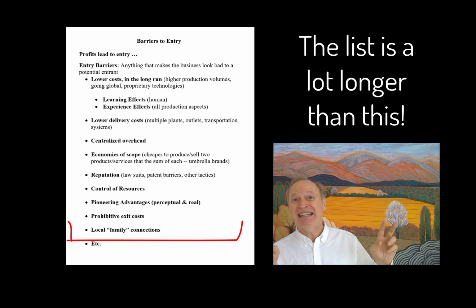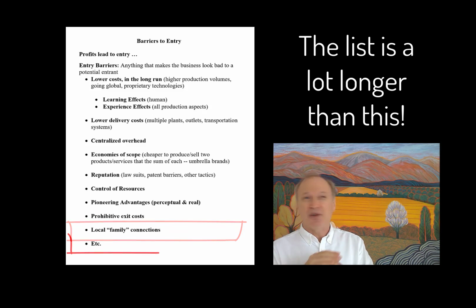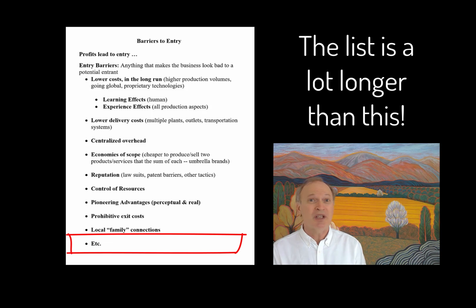Having family connections, having the crown prince as your distributor, often can be advantageous to people entering a market. If they've got that license, everyone else has a tough time entering. If you've ever seen The Sopranos, there's a number of things that people can do to keep people out of your business, etc. So barriers to entry are everywhere.